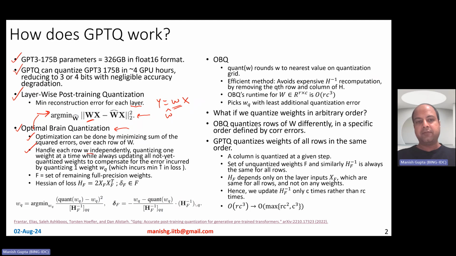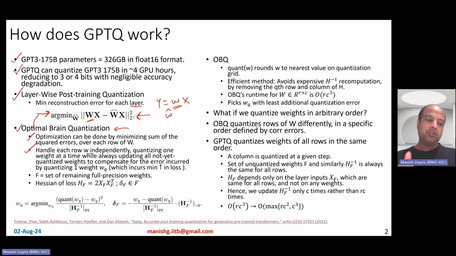First of all, you split this optimization problem into row-wise optimization problems.